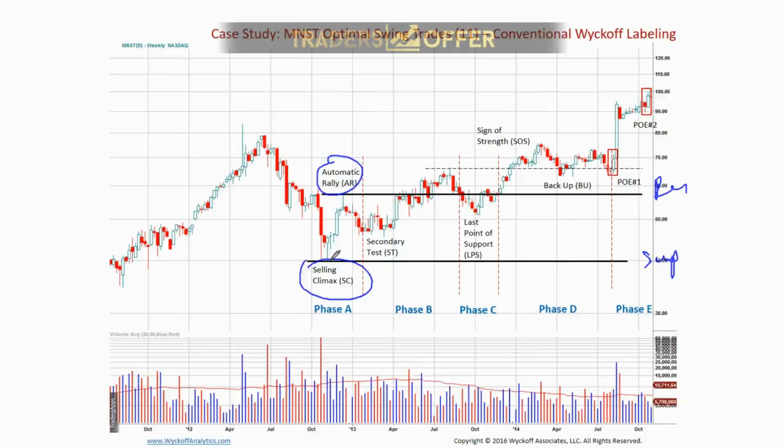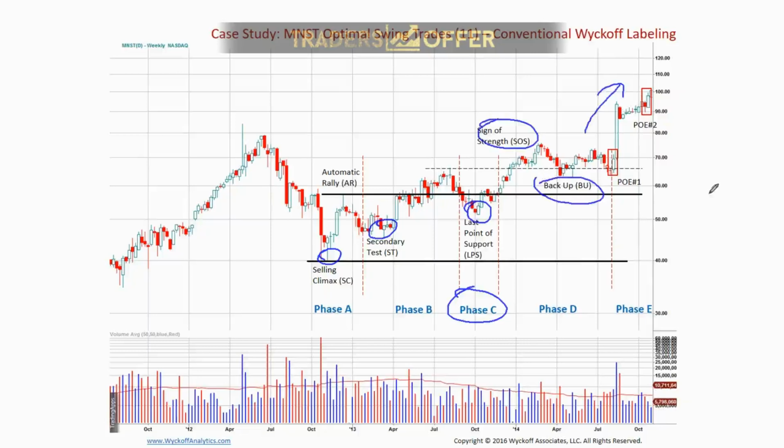So right away you might be thinking that something is wrong with conventional labeling, but yet if we were thinking about the conventional labeling this way, we might be thinking that there is one test, second test, third test, potential phase C, sign of strength, backing up action, and then a continuation in phase E. So this is quite appropriate.